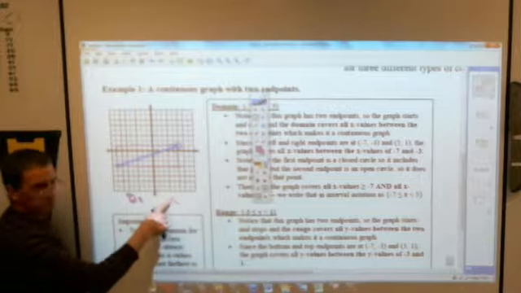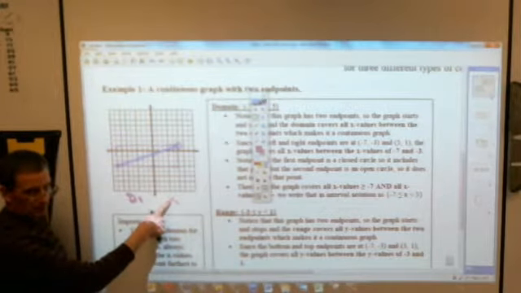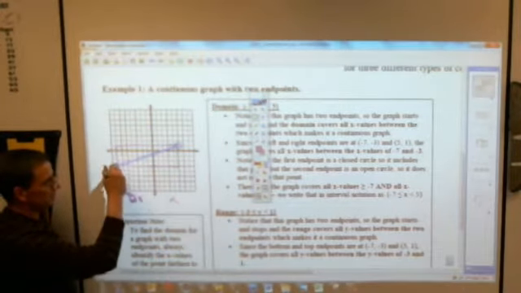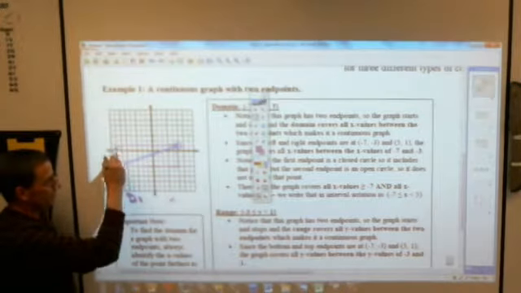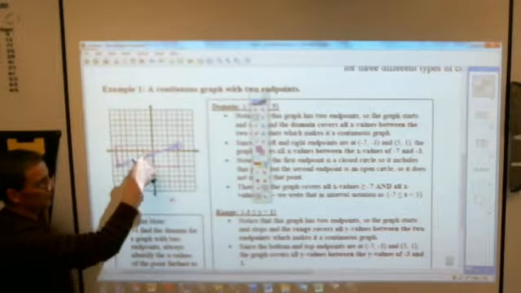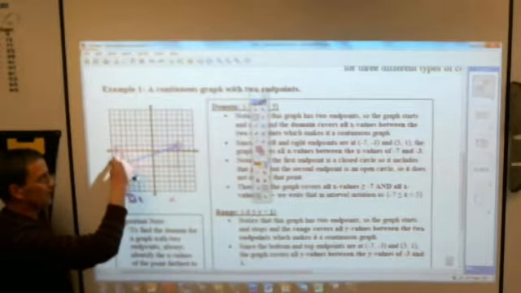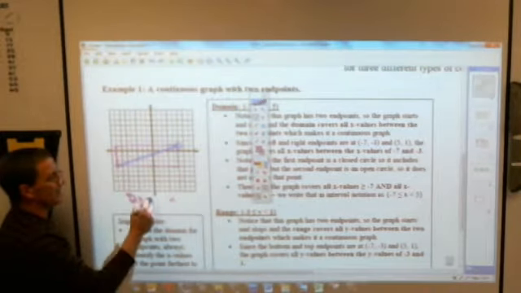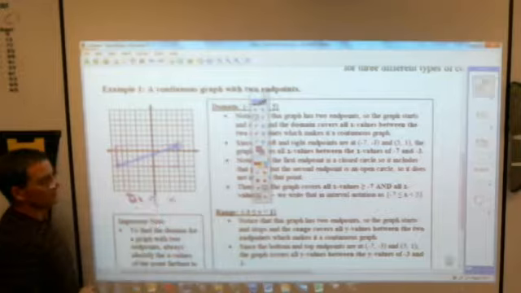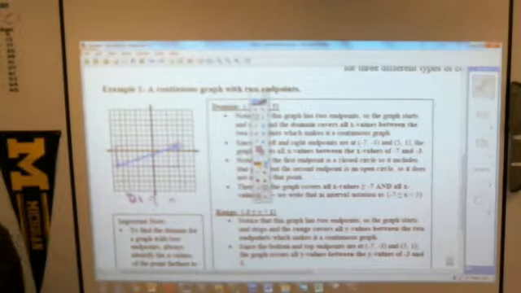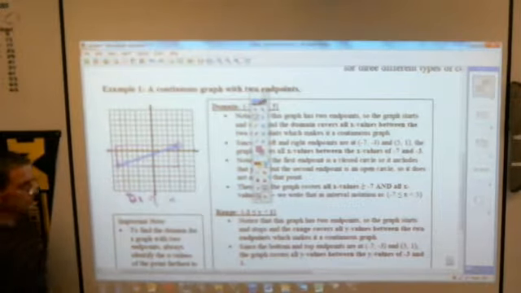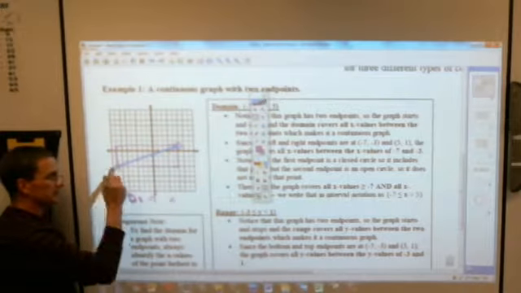What is the smallest x can be? Well, it goes all the way to this point right here. What is x at this point right here? You'd have to figure it out. -1, -2, -3, -4, -5, -6, -7. That's the smallest it can be. Correct? And then you have to look to see, is it a colored in dot?